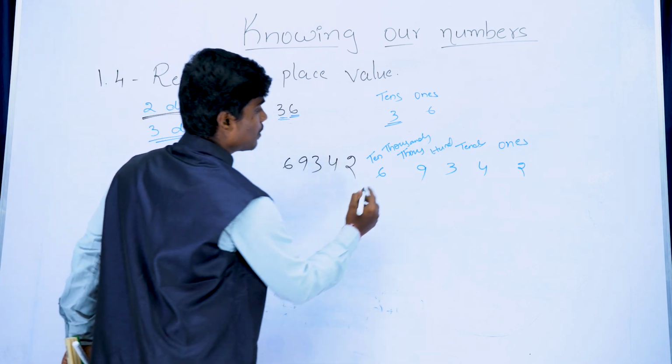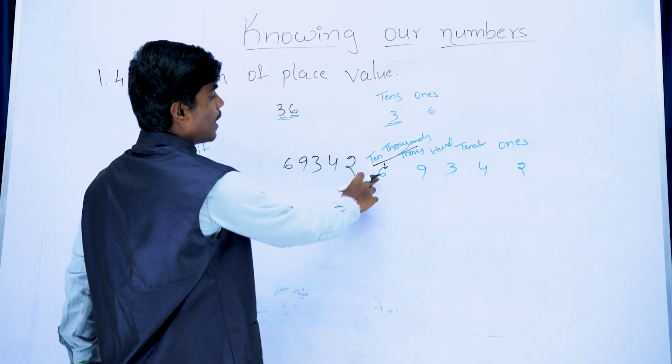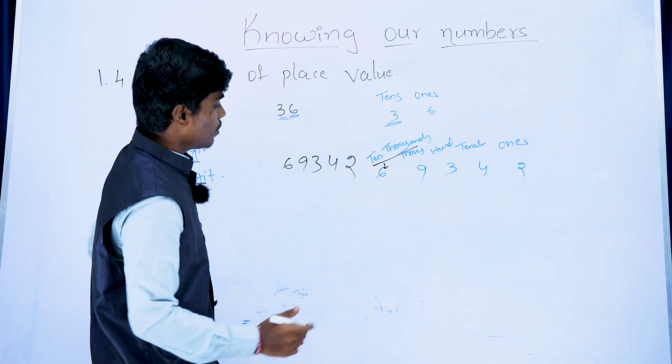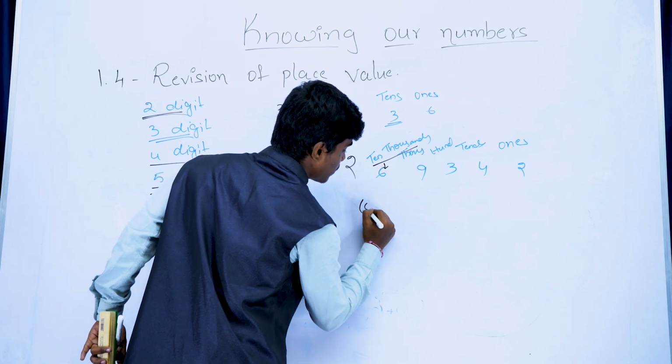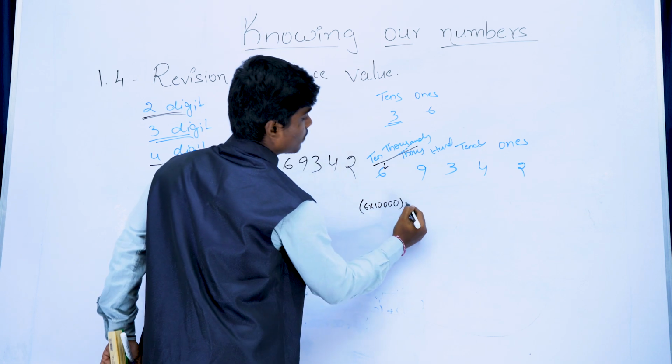The value of the 10,000s place is 6, so it is written as 6 into 10,000.